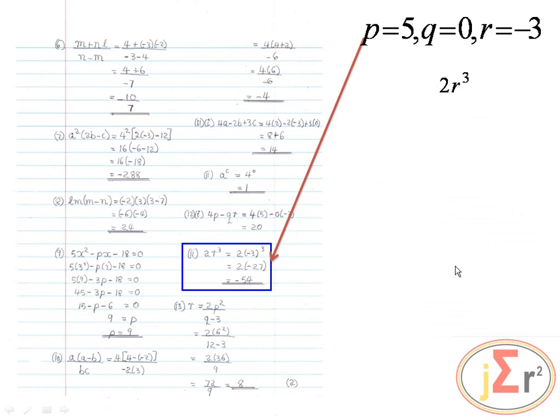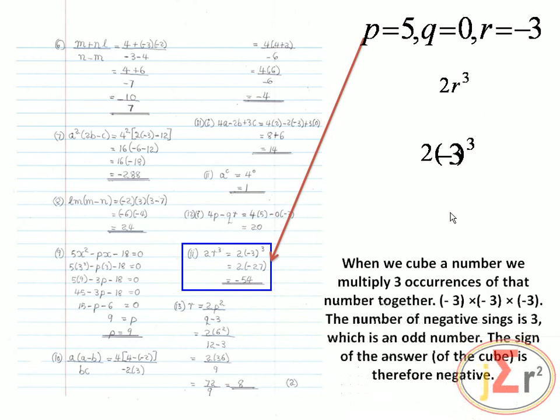What about the other one? We have 2r cubed. So we have 2, then r cubed. R is -3, goes right into there.